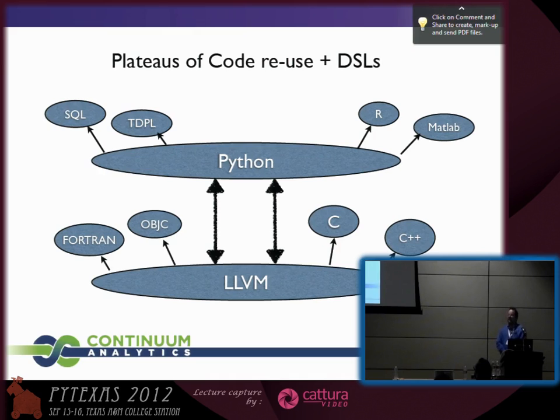You have LLVM on the low level as a platform to combine different domain-specific languages, Fortran, C, C++, and then on the higher level you have Python. And that, of course, can plug into SQL, into R, into other languages as well.